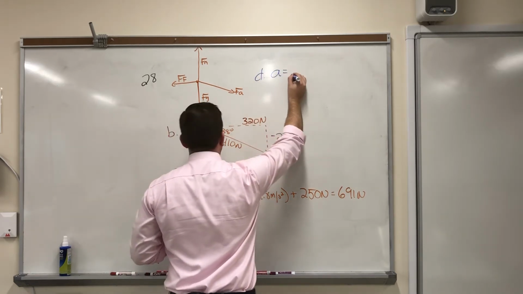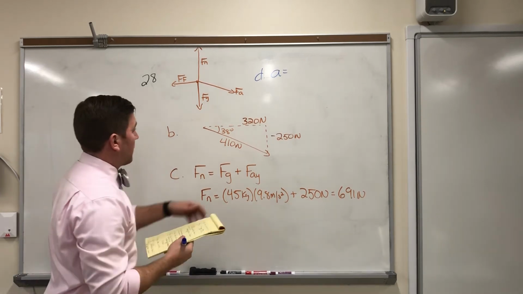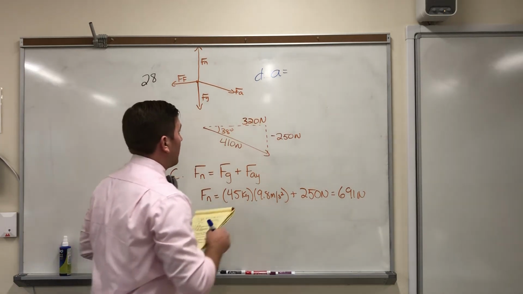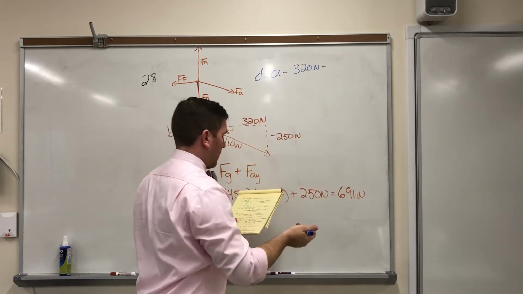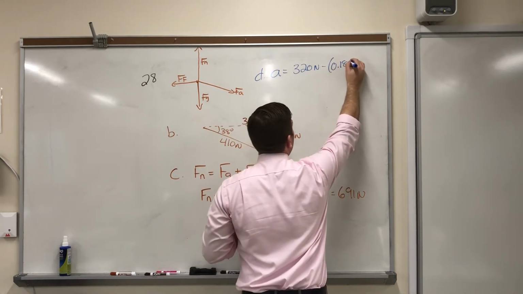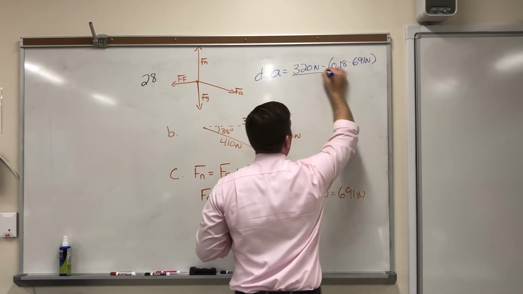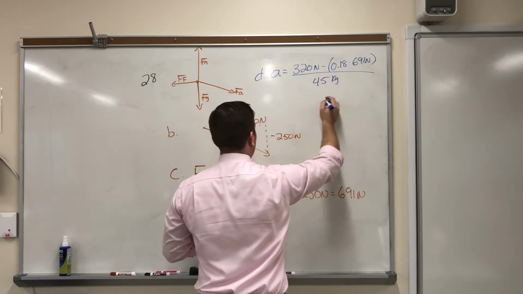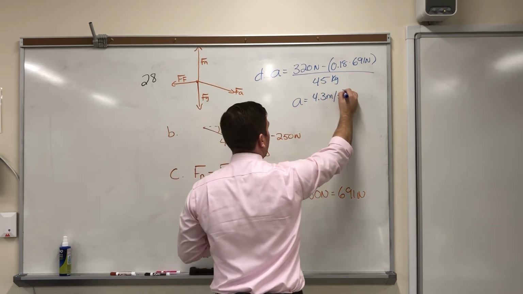The acceleration is going to be the horizontal component of my applied force, so 320 newtons minus the force of friction, which in this case is 0.18 times the normal force that we just found of 691, divided by the mass of the entire, I believe it's a wagon, 45 kilograms. So acceleration is 4.3 meters per second squared.